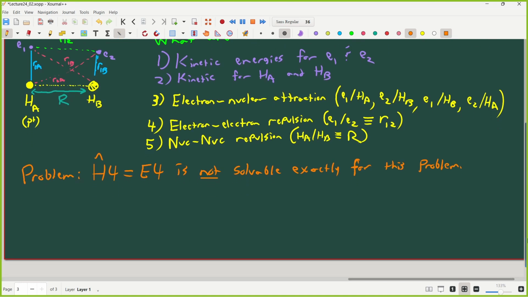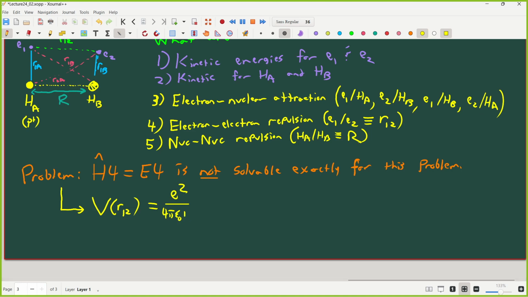The reason why is the potential V of R12, which is e squared over 4 pi epsilon naught R12, where R12 is the distance between them. This is what the potential energy operator looks like for this term.